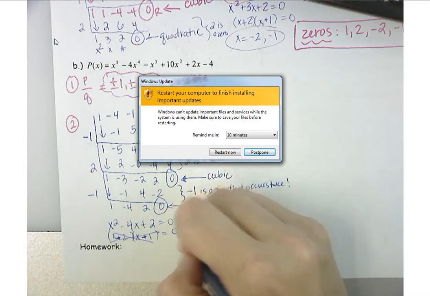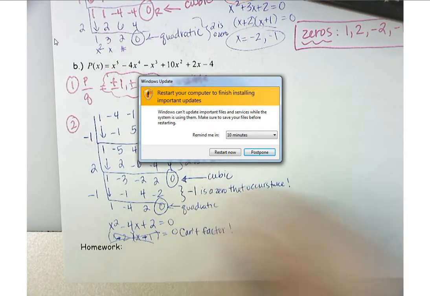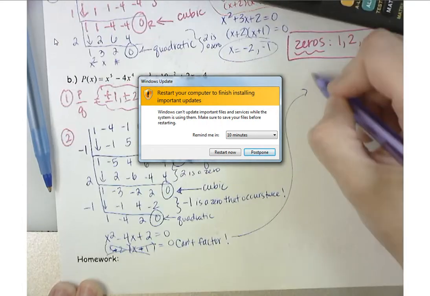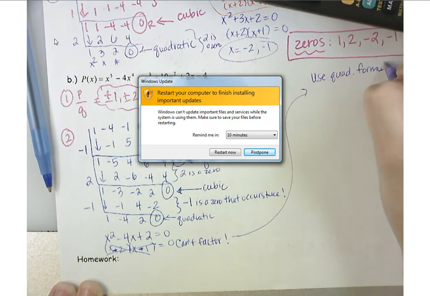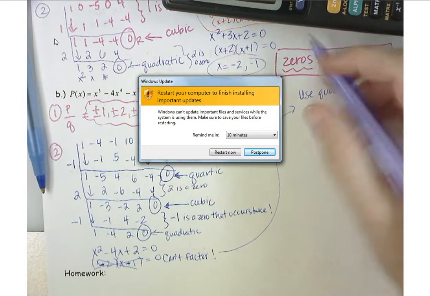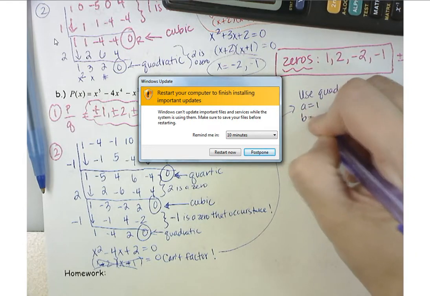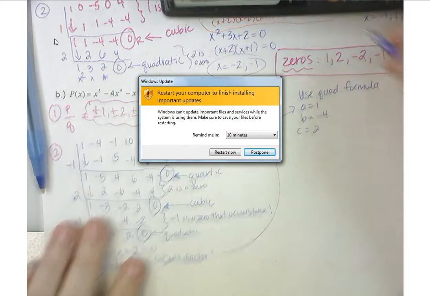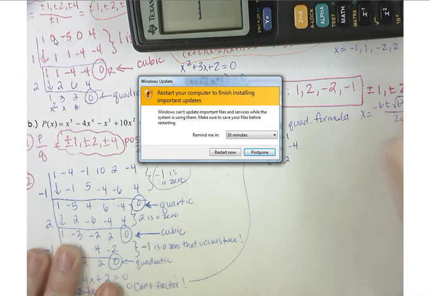So we can't factor, which means we have to do the quadratic formula. You should have your quadratic formula memorized. I'll write it down for you so you have it on your notes. The opposite of b plus or minus the square root of b squared minus 4ac, divided by 2a.